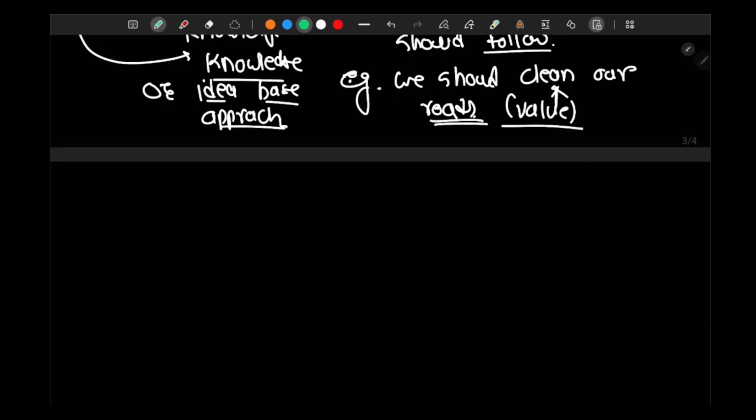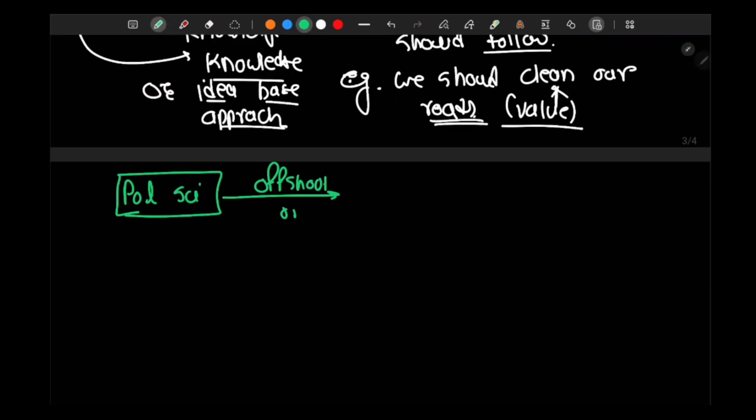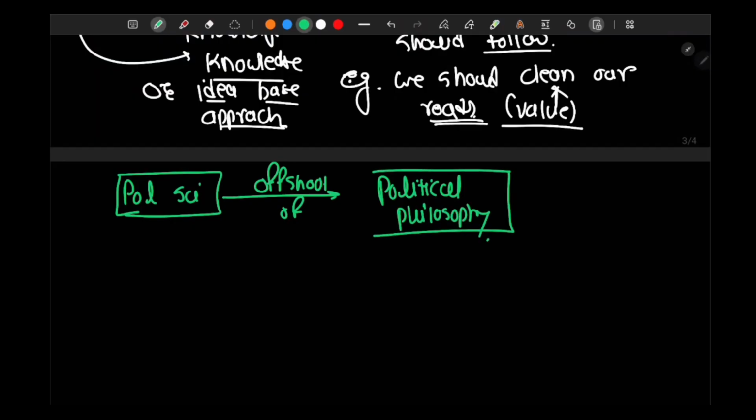How political science emerged is due to this philosophical normative approach only. Political science as a discipline is an offshoot of political philosophy.